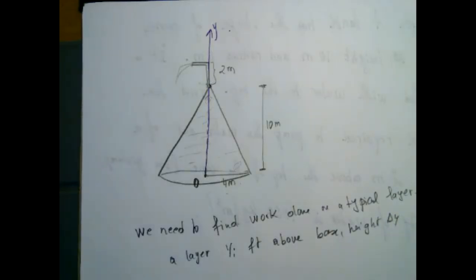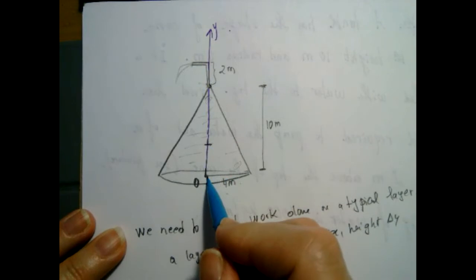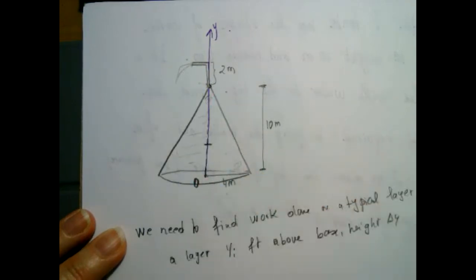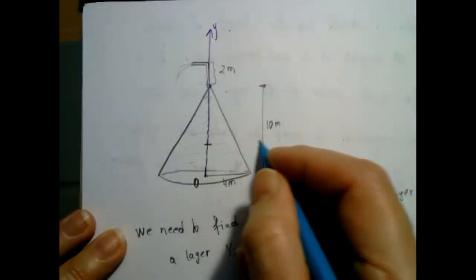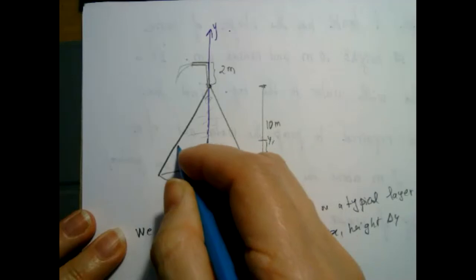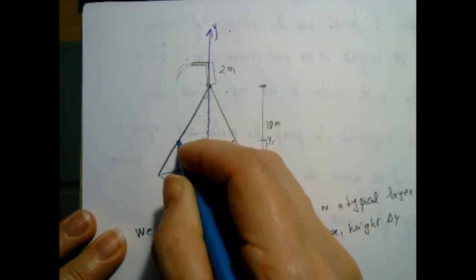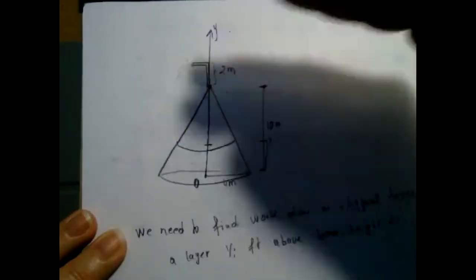So I'm going to draw this. This is yi. And as I said, I don't want you to draw the layer at the bottom, you get confused, or at the top. You draw it somewhere in between, not necessarily halfway. So this is my yi right here, and that's my layer here. You imagine you're cutting horizontally.